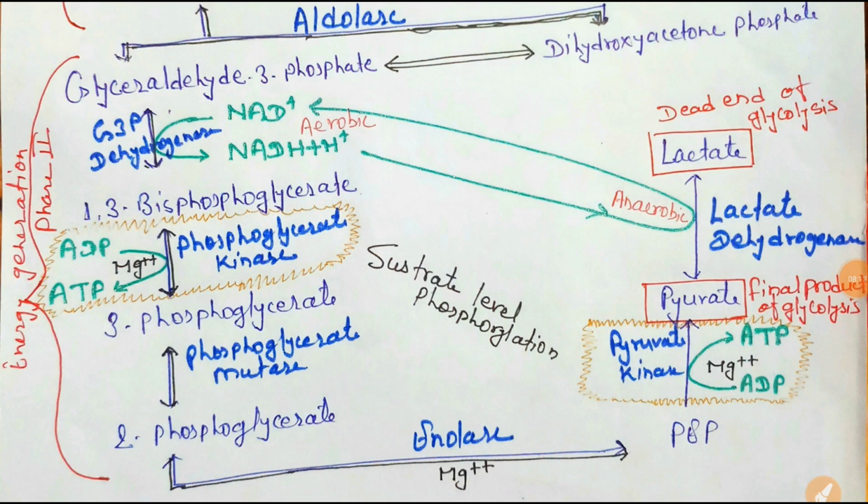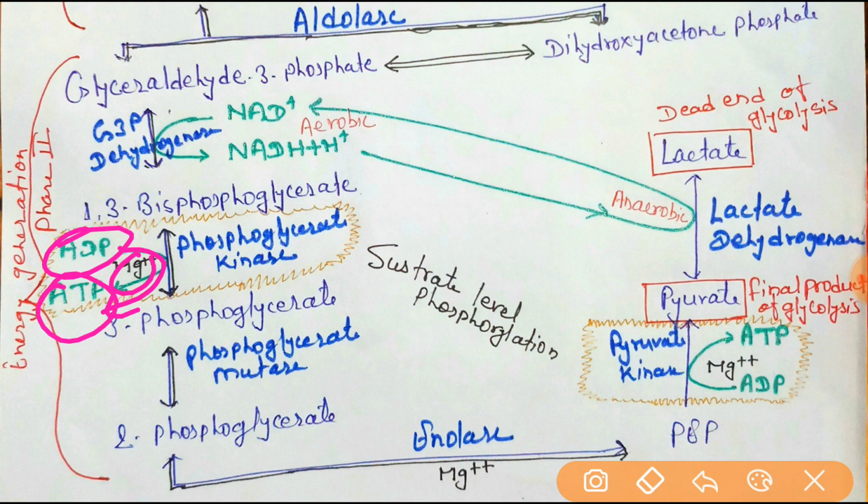Then 1,3-bisphosphoglycerate is converted to 3-phosphoglycerate, and ADP is converted into ATP in presence of magnesium, with the enzyme phosphoglycerate kinase. Since ATP is formed, the word kinase is used, and both these are reversible reactions.